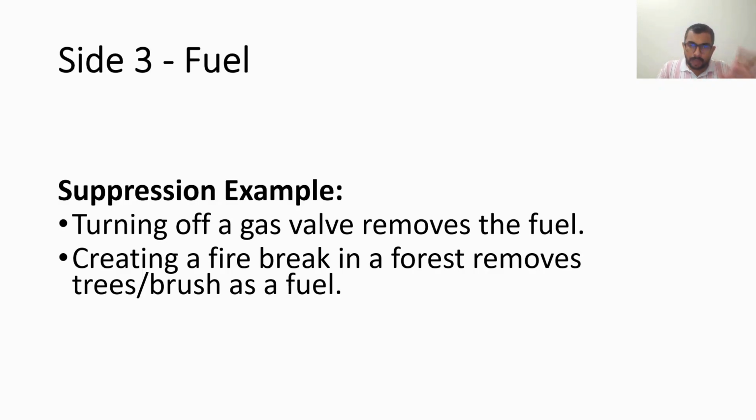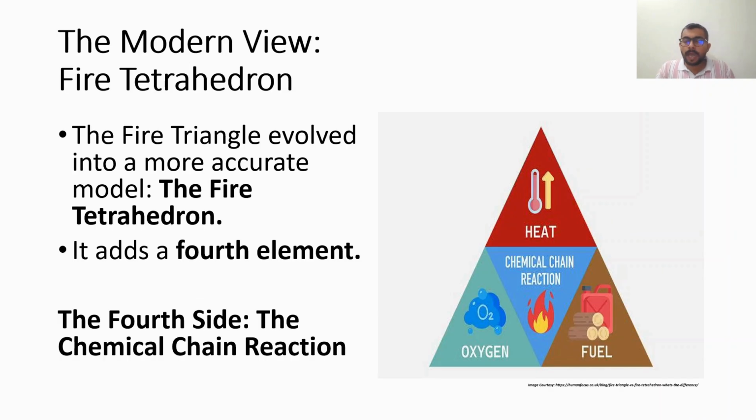Now, research is happening continuously in terms of fire science, and quite recently we have developed an advanced model of the fire triangle. The triangle has evolved into a tetrahedron, which basically has four sides. The fourth element in fire science is considered to be a chemical chain reaction.